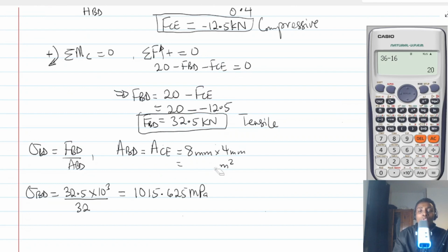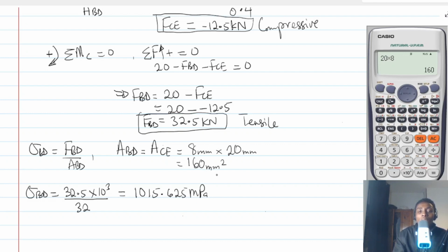So this place is supposed to be 8 millimeters multiplied by 20 millimeters, which gives us 160 millimeters squared.